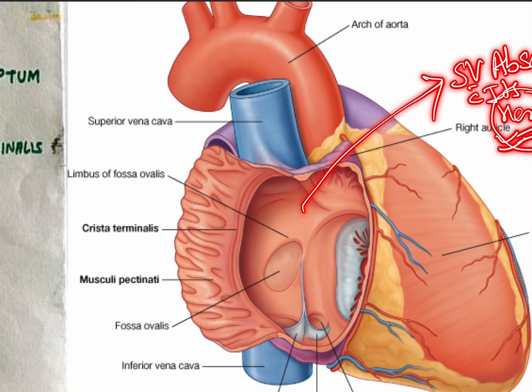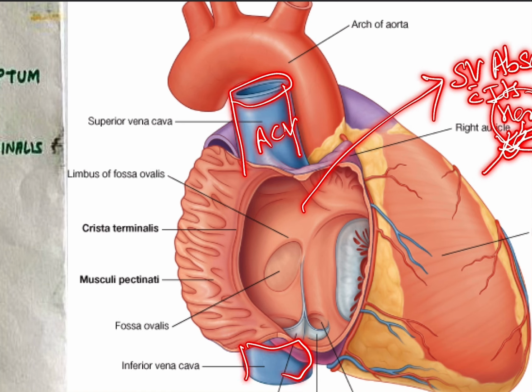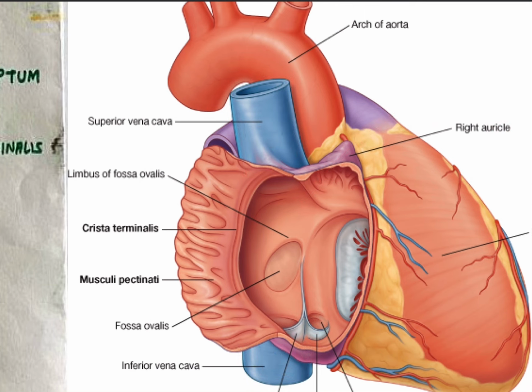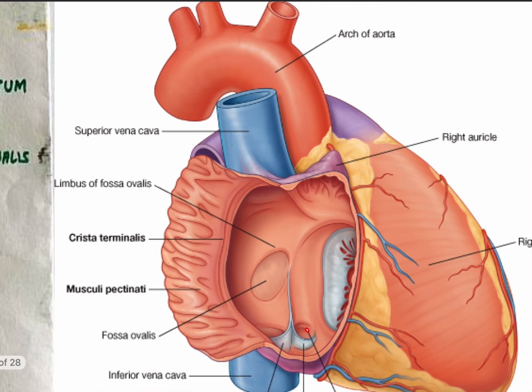The right horn especially gets thickened and forms SVC through the anterior cardinal vein, and this is the IVC, inferior vena cava. It is formed through the posterior cardinal vein, and this is the valve of the inferior vena cava, and this is the coronary sinus, which is formed through the left horn.